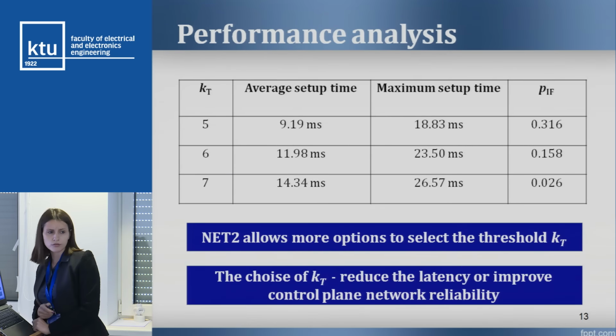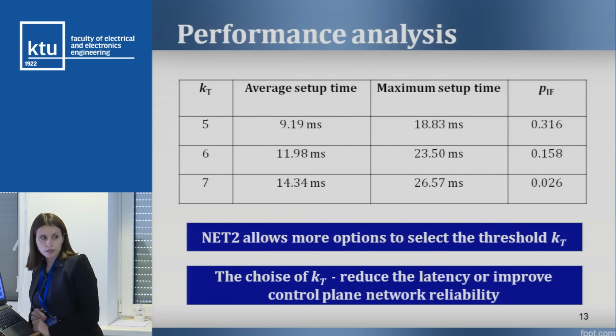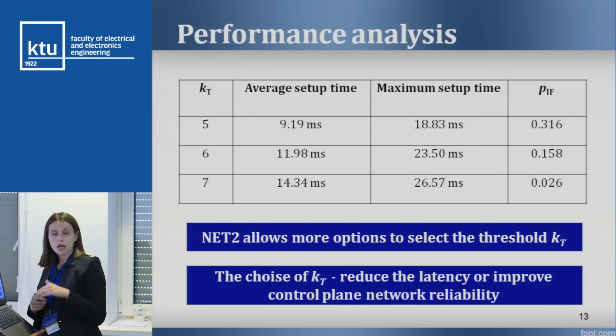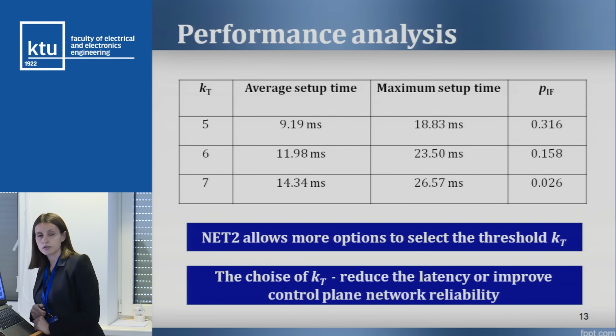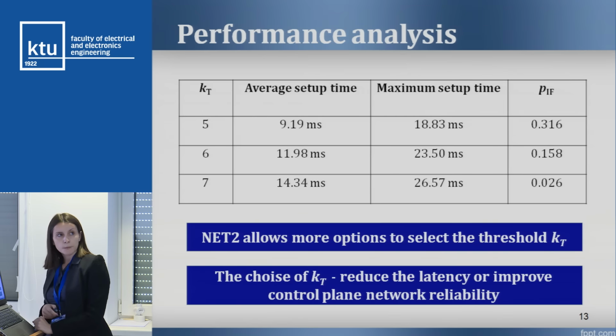And what is also important to say here is that we analyzed what will happen if we use higher values of this node degree threshold in terms of average and maximum setup time, and in these values of probability. We can say that using higher values of this threshold, we obtain higher setup times.